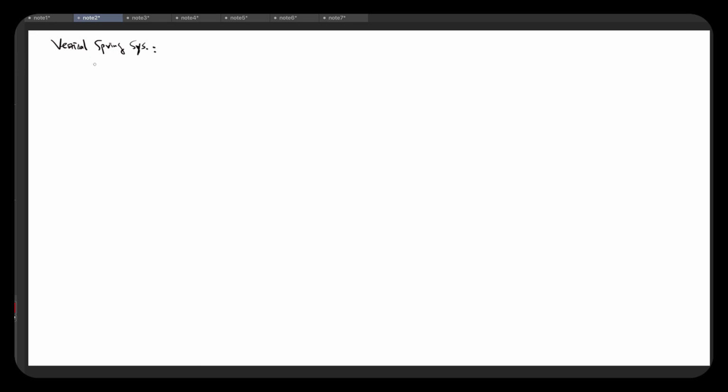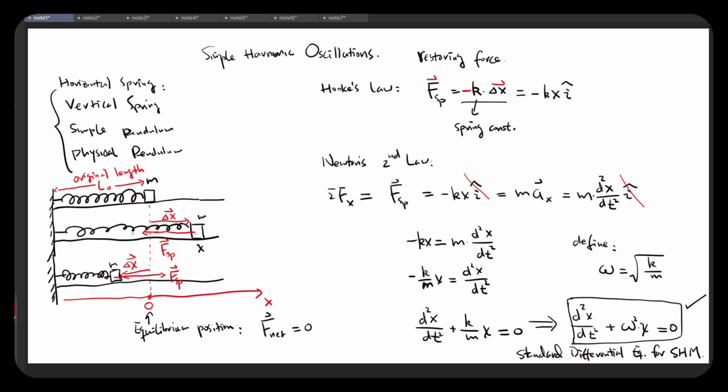Before I talk about it, let's remind ourselves of what we did for the horizontal spring system. First, we figure out the origin of the coordinate system O, and we call that the equilibrium position. At that position, the net force acting on the mass m equals 0.